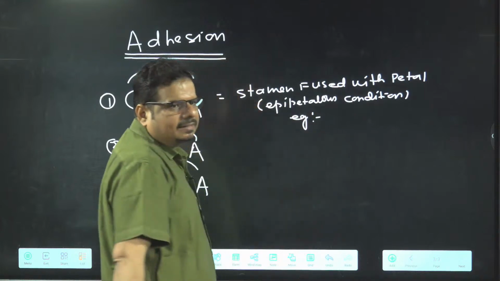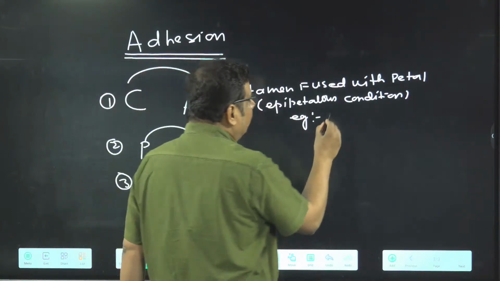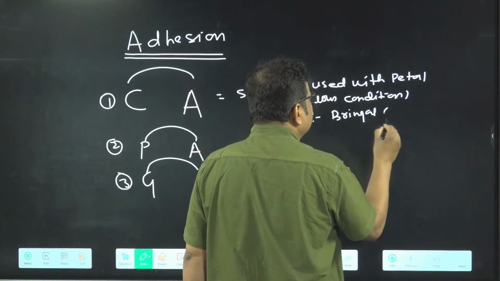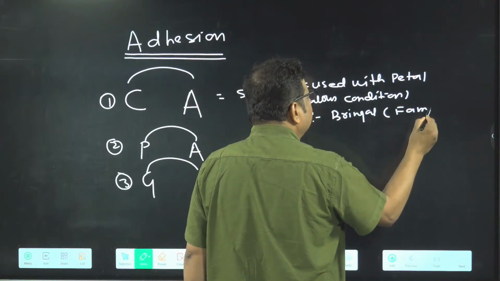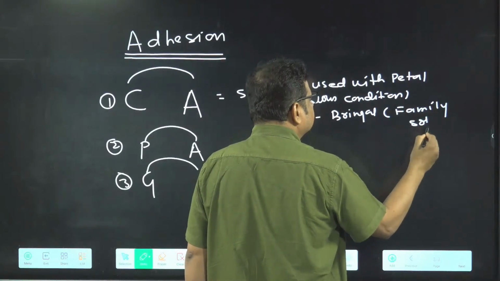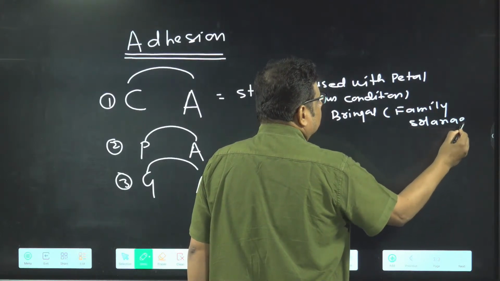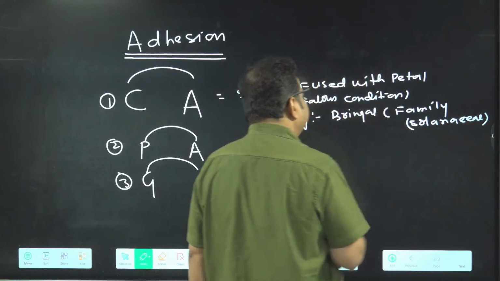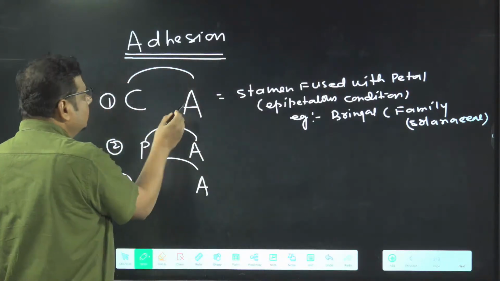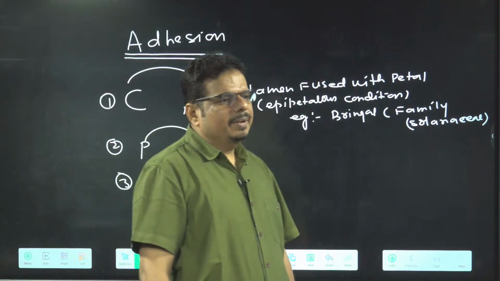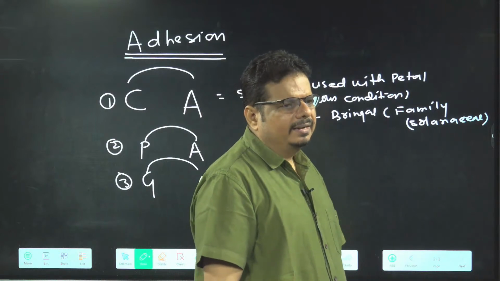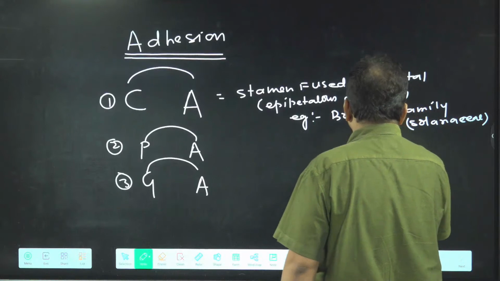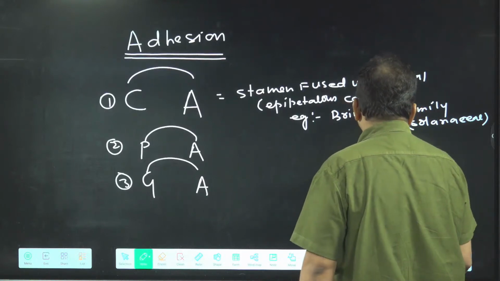Brinjal or family Solanaceae. Brinjal, it belongs to which family? Family Solanaceae. So in the members of family Solanaceae, you will find this particular condition. Stamen fused with the petal. Right? Characteristic example is which one? Brinjal. Got the idea? Clear? Okay, ji. Now move ahead.